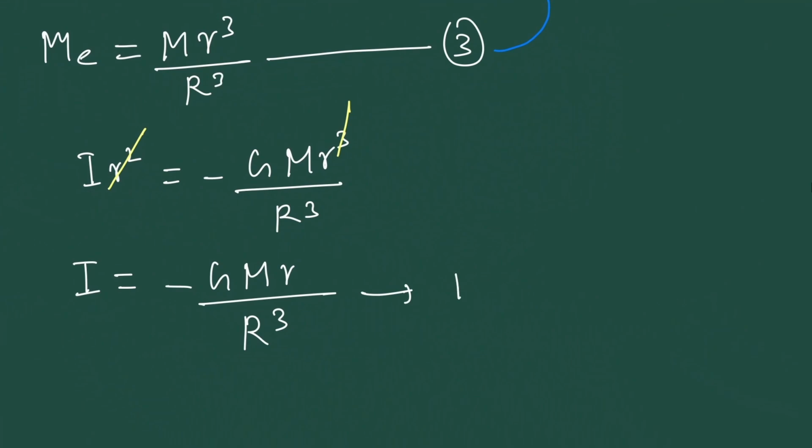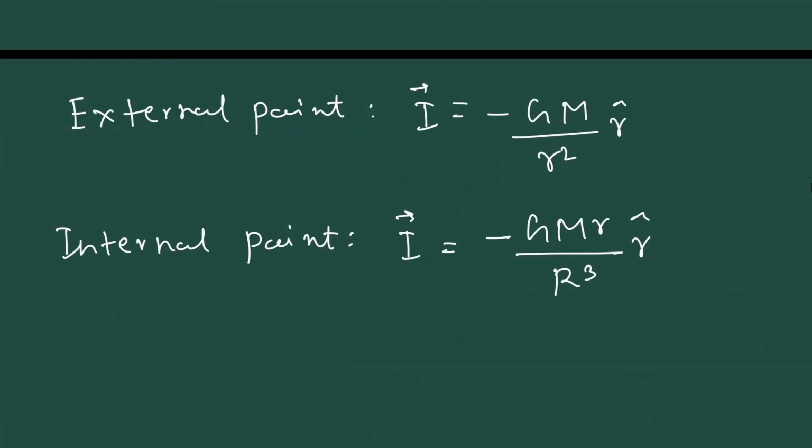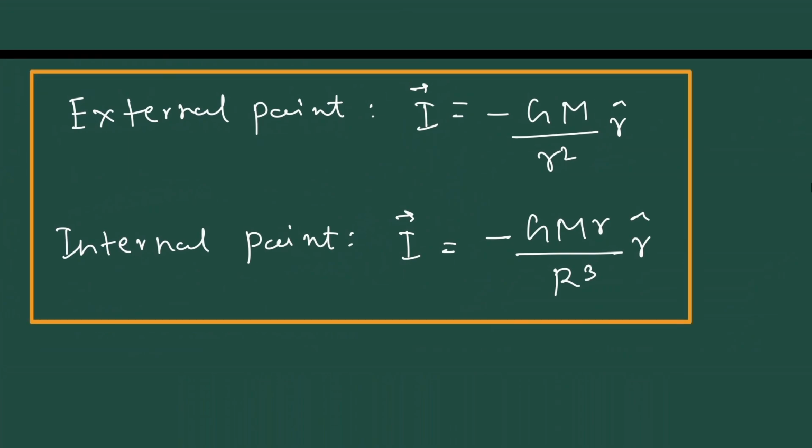If we try to write this in the vector form, we're going to get I equals minus gM small r divided by capital R cube times the direction vector. Therefore, by using the Gauss law for gravitation, this is the result that we obtain for gravitational field intensity at an external or an internal point of a solid sphere.